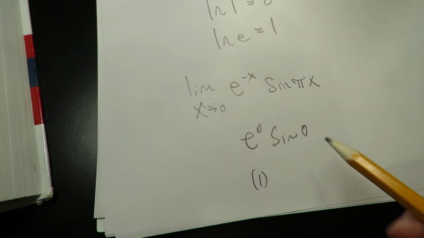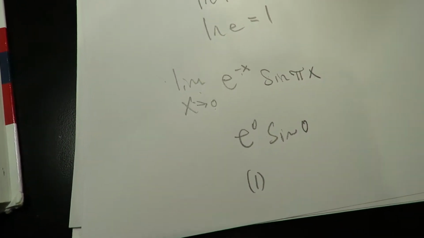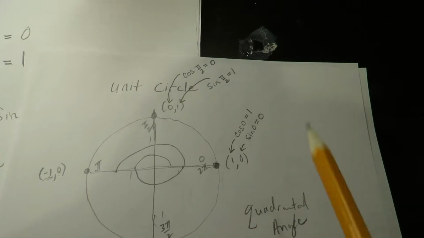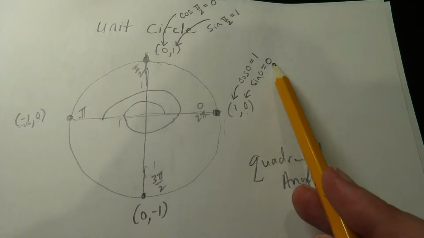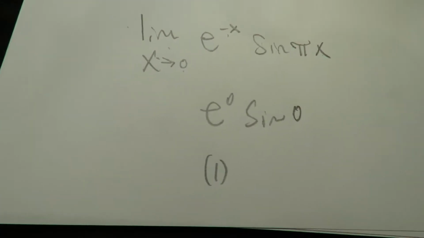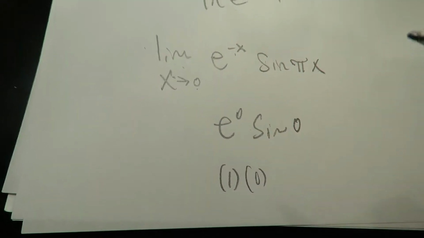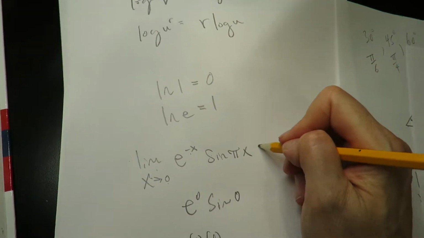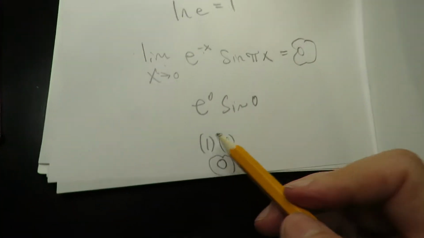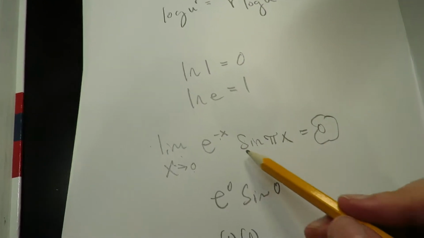That's a 1. Sine of 0 is quadrantal, you should be using your unit circle for that. So sine of 0 is 0. So you got 1 times 0 is 0. So the final answer to this is 0, because 1 times 0 is 0.